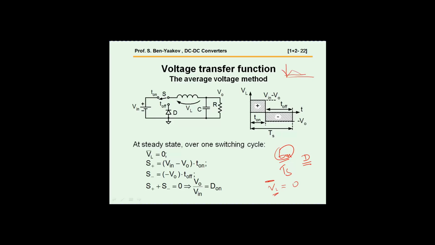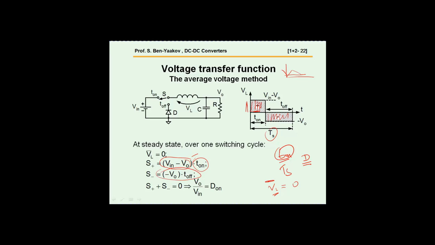So the average voltage is the area here plus the area here divided by the period. If we do this calculation, this is the height and the time, this is the height and time. So this is the positive area, this is the negative area.